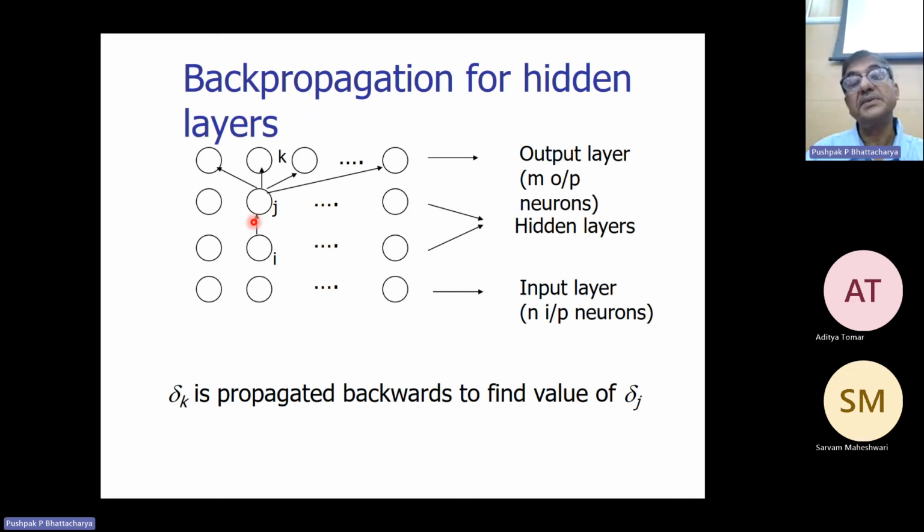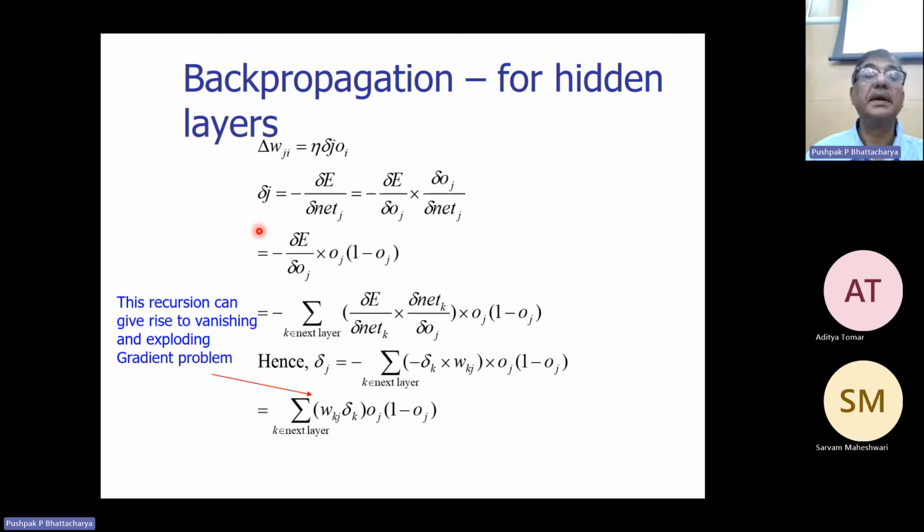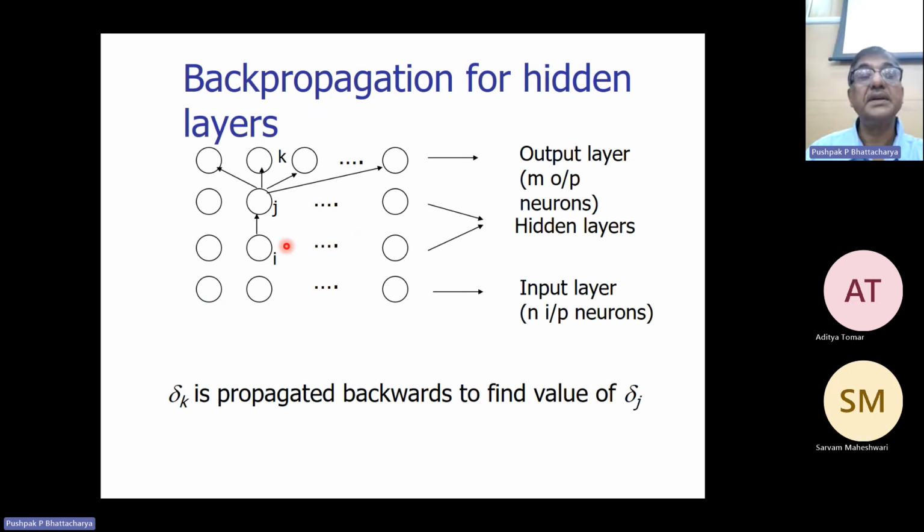So how do I change this weight? That is the question. Here a very nice idea is used. The universal rule of backpropagation stays the same. Delta Wji is eta into delta j into Oi. Delta j by definition is minus dE by d net j, of this jth neuron.